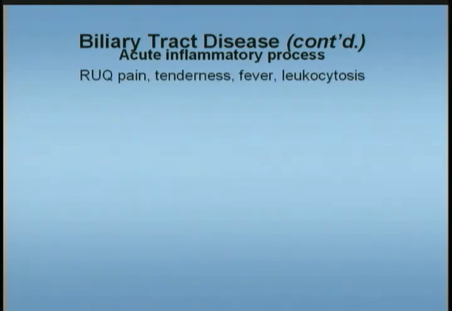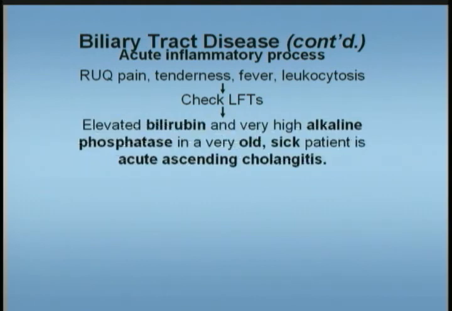Now, if we are dealing with an acute inflammatory process, right upper quadrant pain, tenderness, fever, leukocytosis, and we check the LFTs and we find that the bilirubin is elevated, the alkaline phosphatase is extremely high, and this is in an old sick patient. The diagnosis is acute ascending cholangitis.